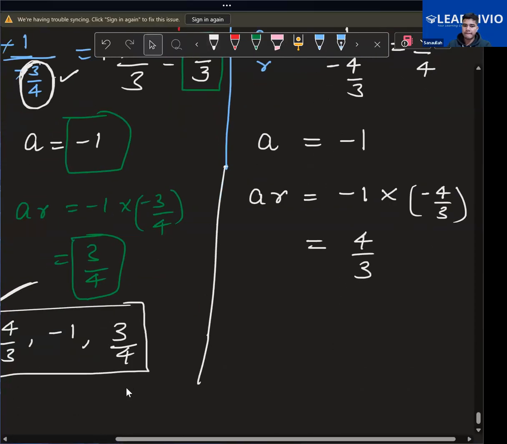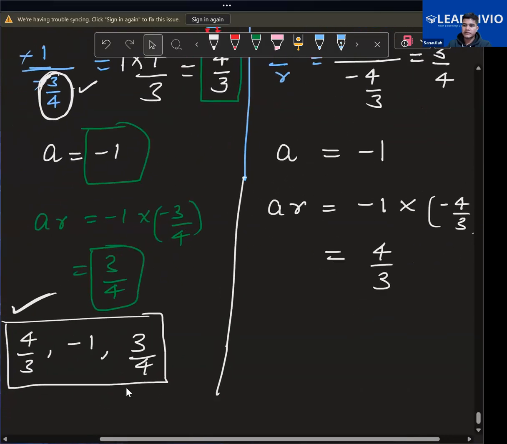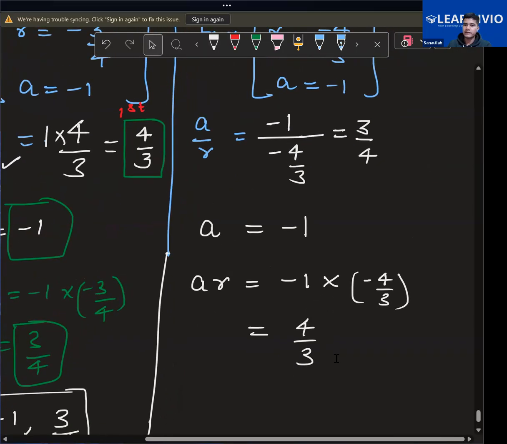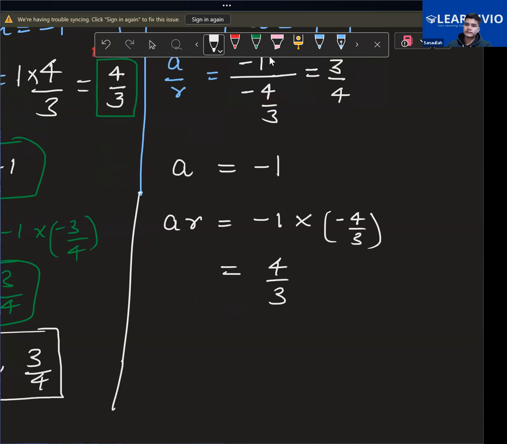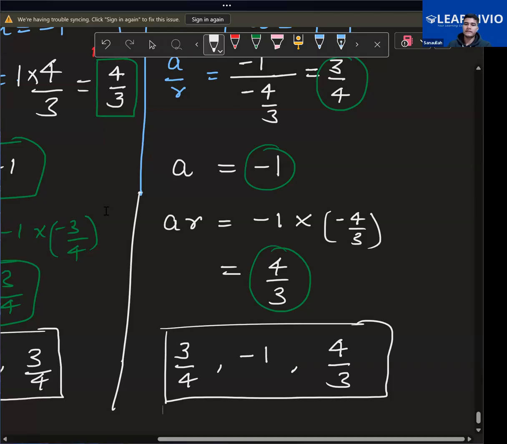So what is the first term? 3 by 4. This is the first term, this is the second term, and this is the third term. First term is 3 by 4, second term is minus 1, and third term is 4 by 3.